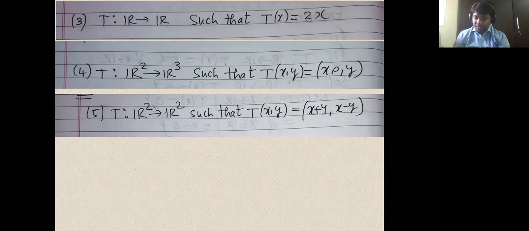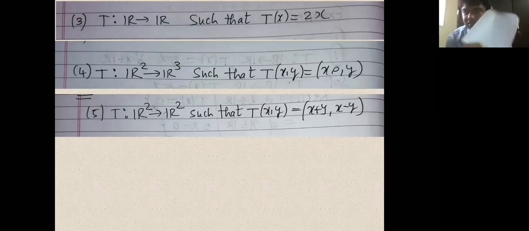So T of (x, y) is equal to (x plus y, x minus y). So the kernel of this map T, which is from R2 to R2, will be the collection of x belongs to R2 such that T of x is equal to 0 of R2.